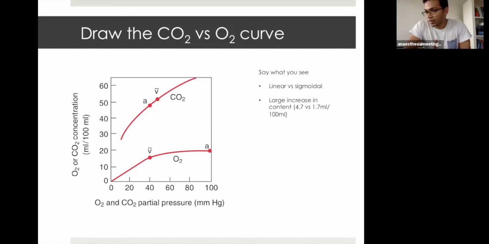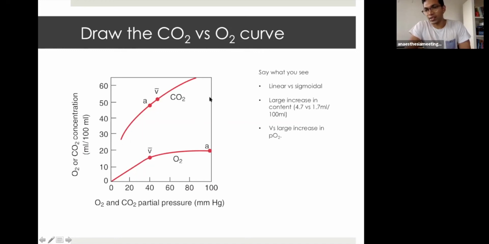If you look at the arterial-venous side of the CO2 pressure differences, the content changes by about 4.7 mils, versus the oxygen content changing only about 1.7 mils per 100 mils. So there's a large increase in content, which is an important part to talk about, and that's with a very large increase in PO2 versus a small increase in CO2.